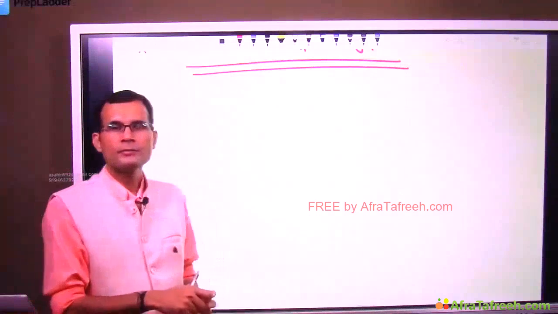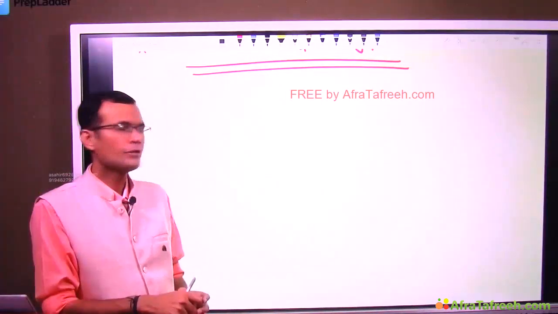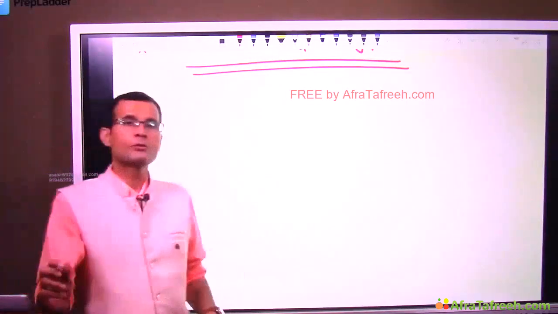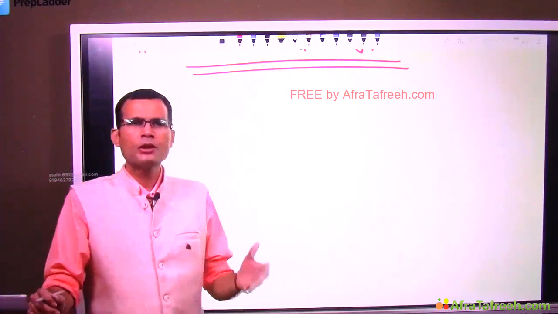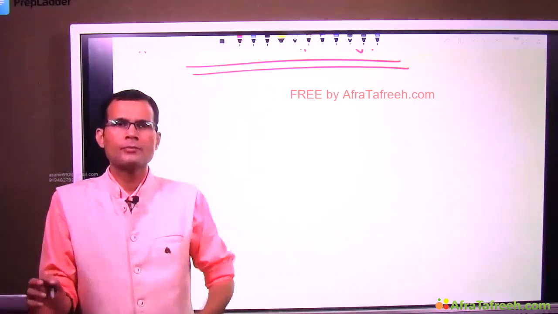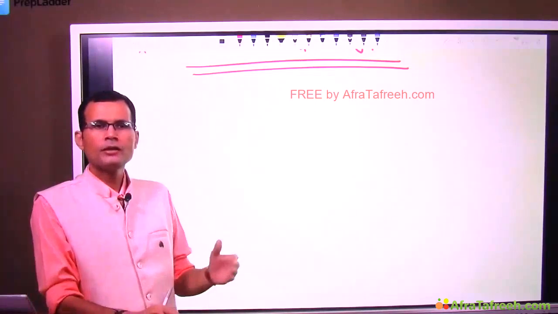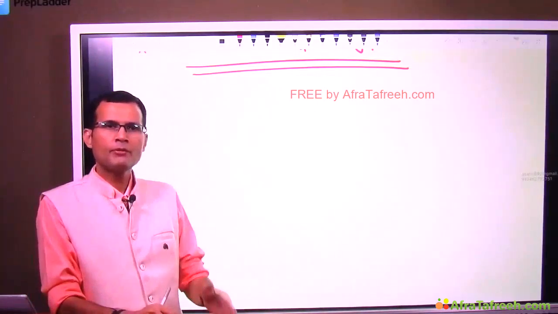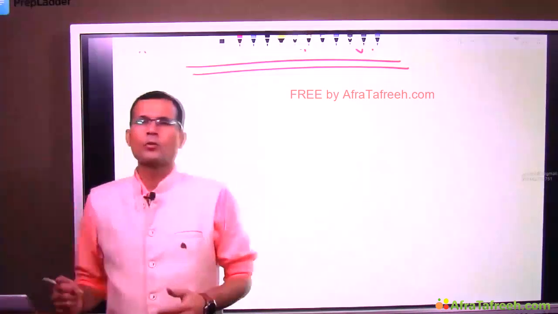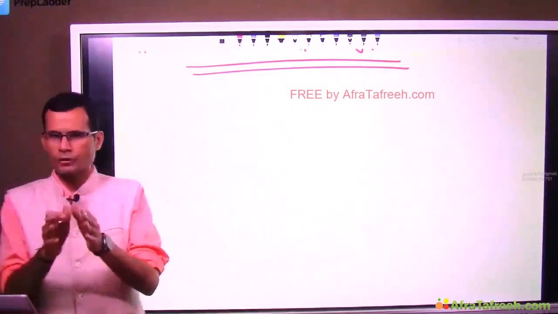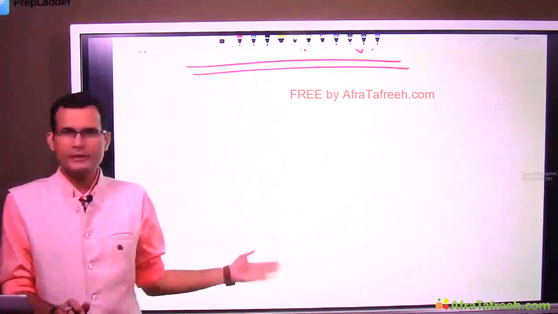The answer is arterioles. Yes, they are called resistance vessels. Or critical closing pressure is, and the options are 0 mm of Hg, 20 mm of Hg, 40 mm of Hg, 60 mm of Hg. Well, it's in the range of 20 mm of Hg. We will see that.